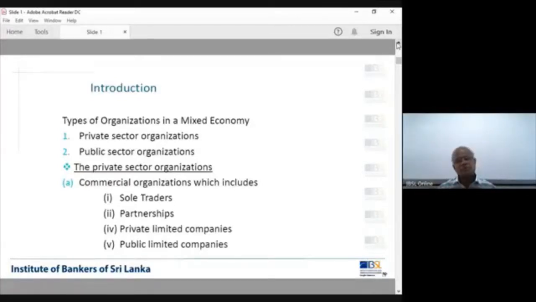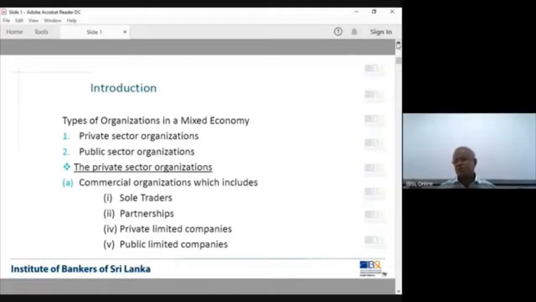Now, the private sector organizations can again be divided into two: commercial organizations and charities, the non-commercial organizations. They don't specifically have the objective to maximize profits. For commercial organizations, profit maximization is definitely the objective. Sole trader, a single trader. When you come to these BTI classes, you can see so many boutiques and small shops.